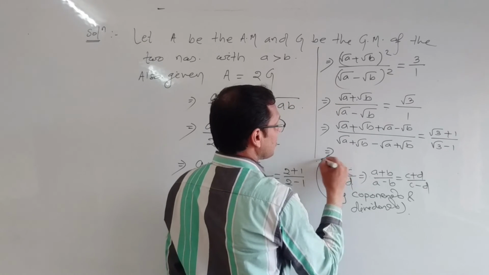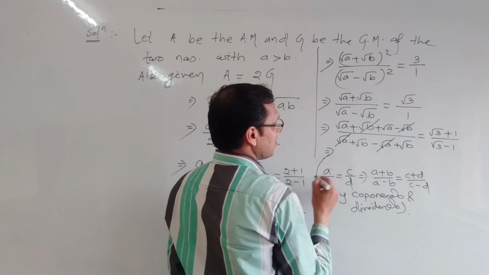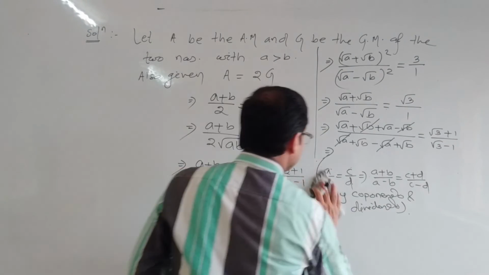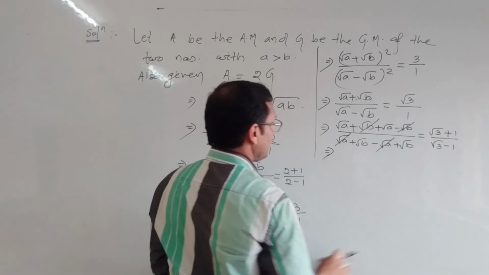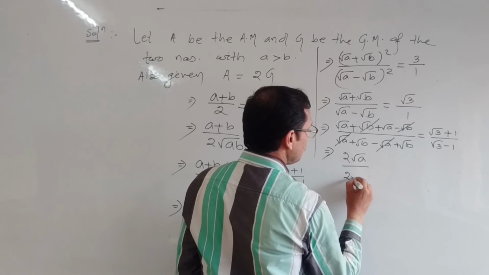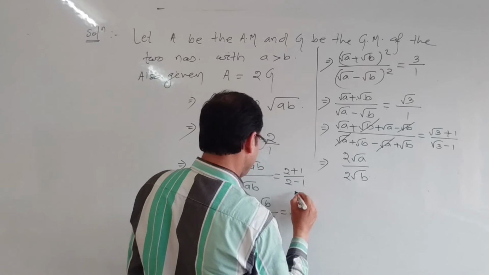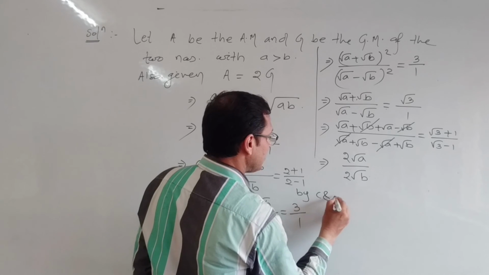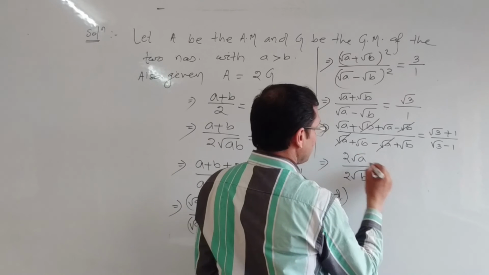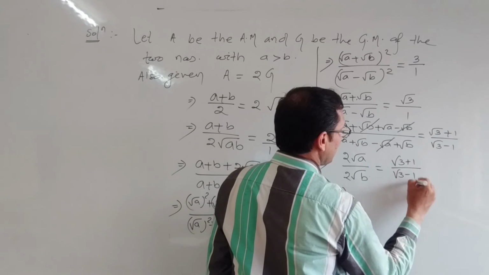So this is nothing but the root b cancel, root a cancel. So we have left with, now I am erasing this one. So this is nothing but 2 root a by 2 root b. So here I can write by c and d. C and d means componendo and dividendo. This is nothing but (root 3 plus 1) by (root 3 minus 1).